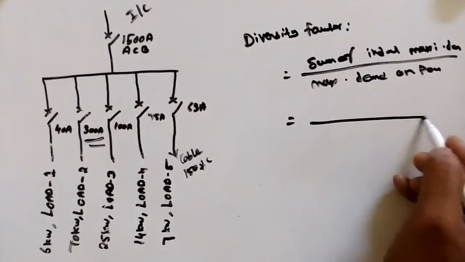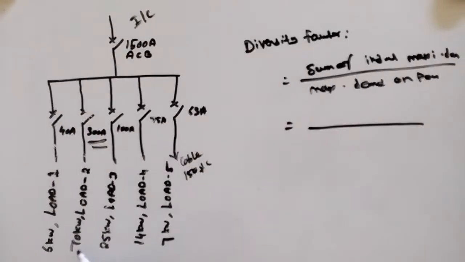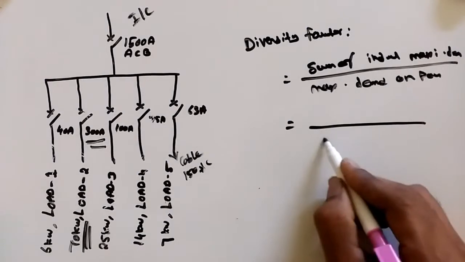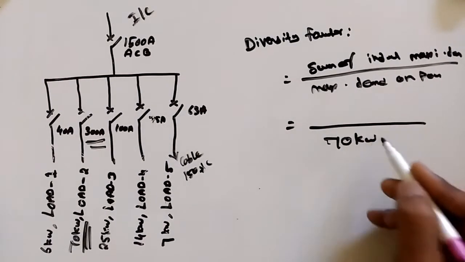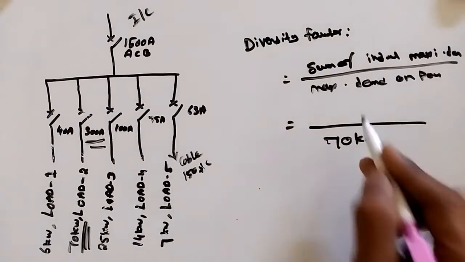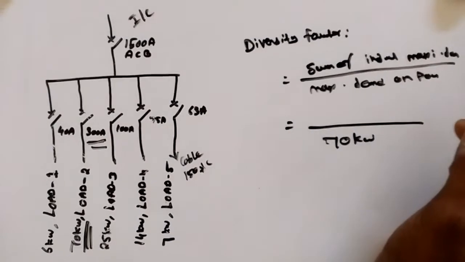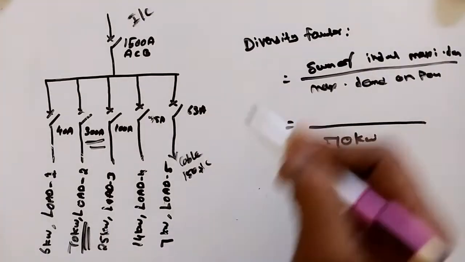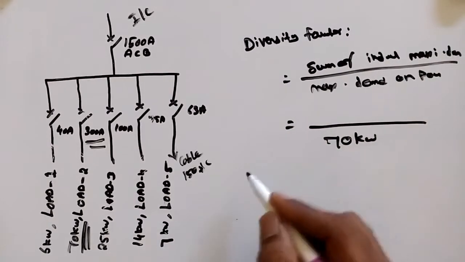We know the maximum demand on the power system is 70 kilowatts. Now the sum of individual maximum demands, that means we have a lot of loads.